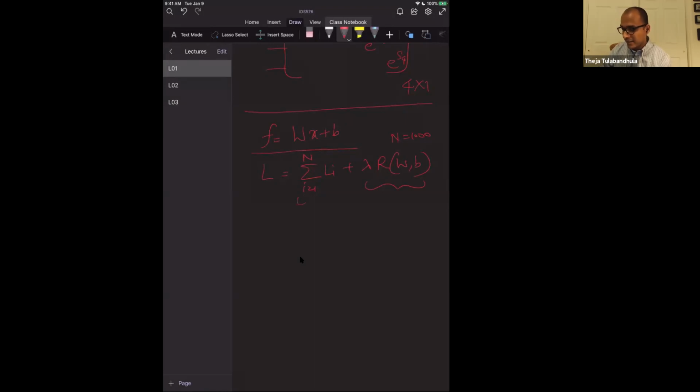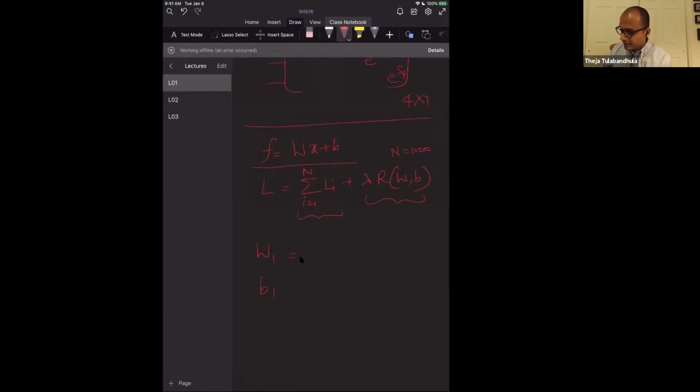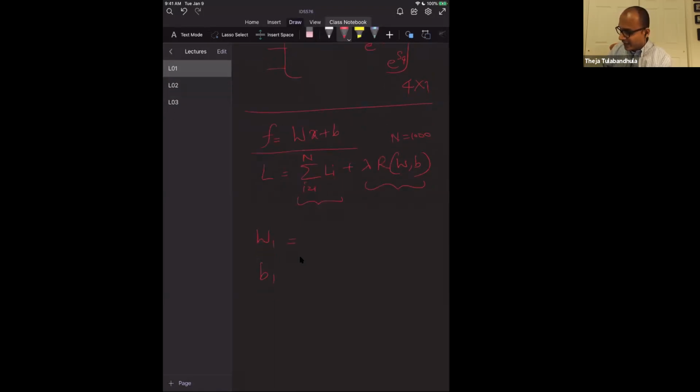The batching happens here. Ideally, I want to find W1 and B1. This is going to be my update scheme. Ideally, I want W0, B0, some random choice of candidate parameters that I chose, minus some alpha.